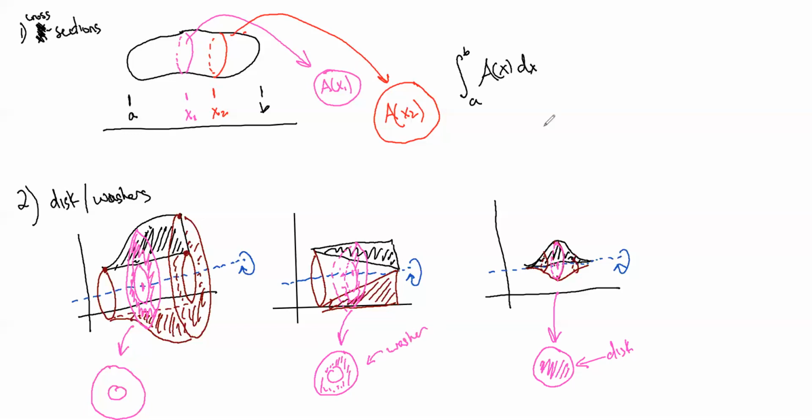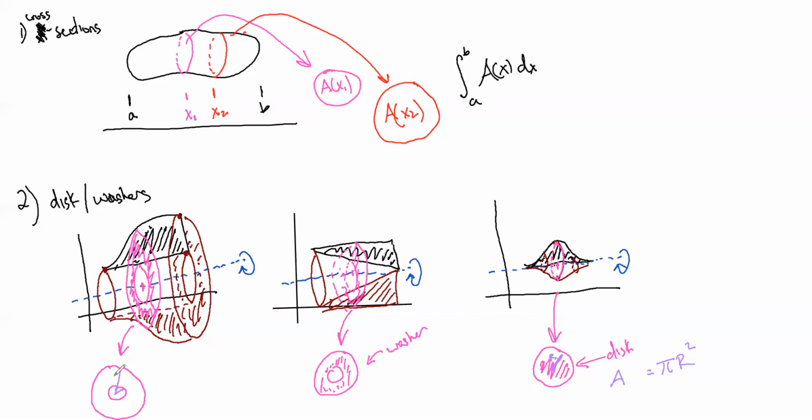But the point is that when it comes to disks and washers, we have well-defined area formulas because they're made up of circles. So here we have a given radius, capital R, and the disk has area pi r squared, pi times the radius squared. Well, for these kind of pictures over here, we have two radii, right?